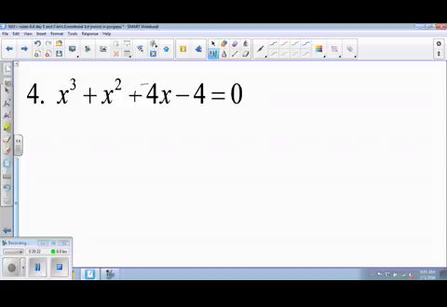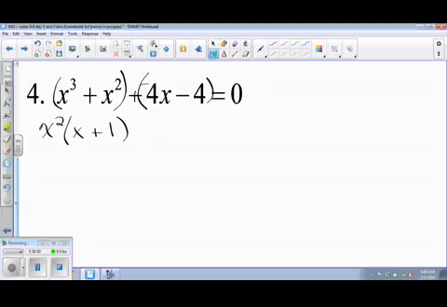I'm going to group my first 2, then my second 2, and each step equals 0. Sometimes, most of the time, these problems are not already set up equal to 0. You have to move things over and make it equal 0. My greatest common factor in my first group is x squared, so then that's x plus 1.